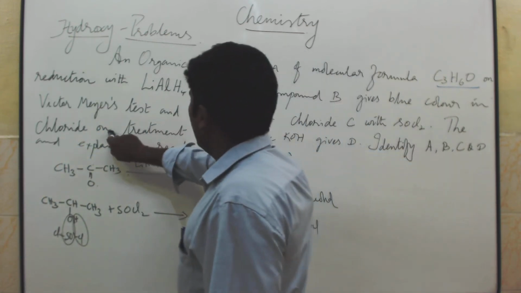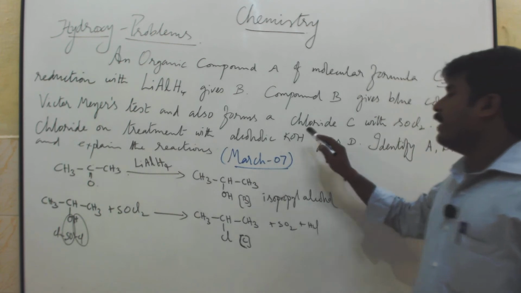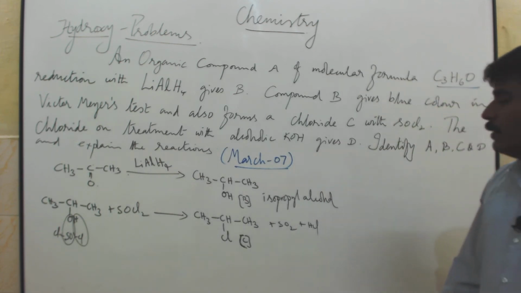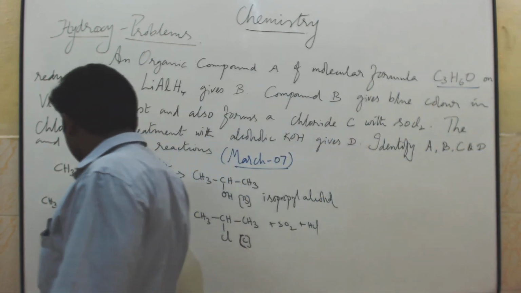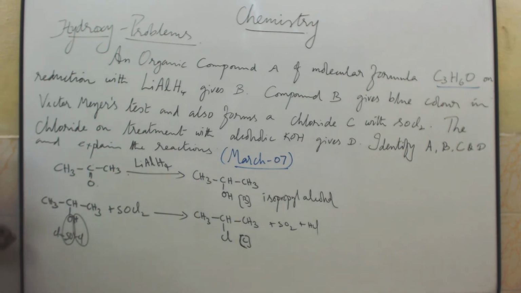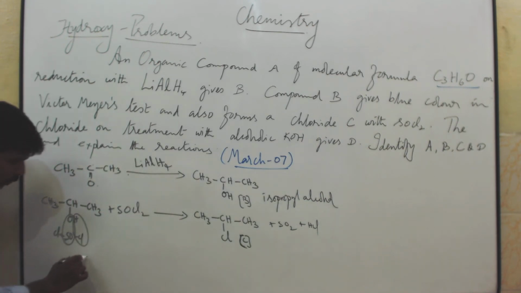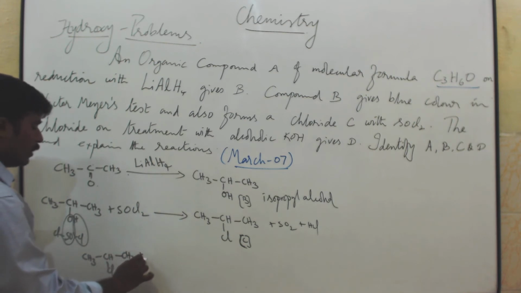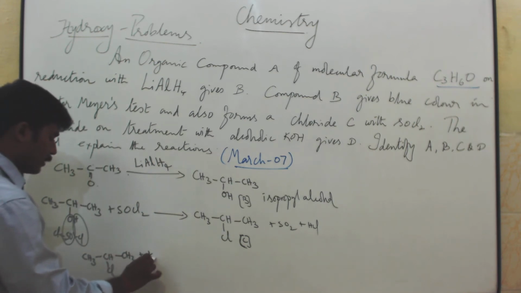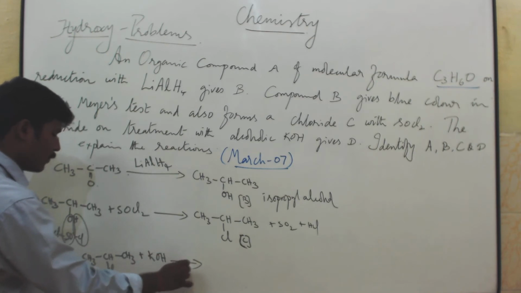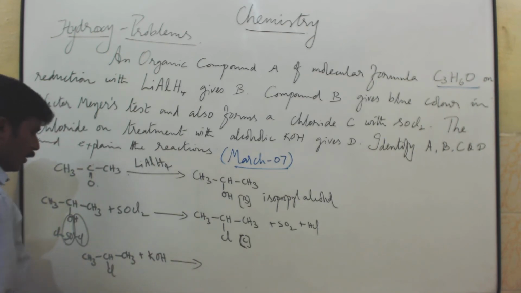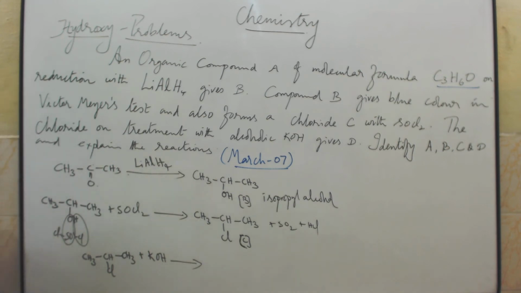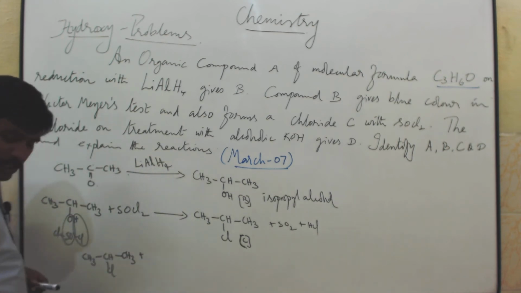The compound C chloride on treatment with alcoholic KOH: this isopropyl chloride reacts with alcoholic KOH to give compound D. So isopropyl chloride, CH3-CHCl-CH3, reacts with alcoholic KOH. Otherwise you can write it like this also.